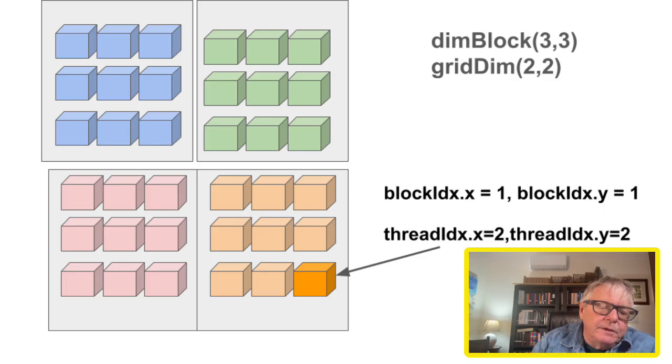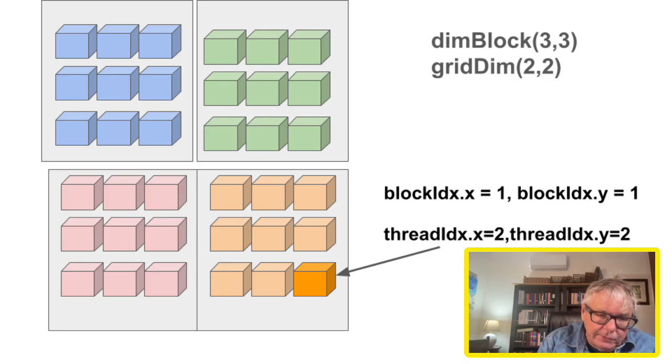The position is indicated in the same normal XY coordinate system that you're familiar with from math. So in this grid, for the bottom right hand block, the darker orange block, blockIdx.x is 1, meaning the X coordinate in the set of blocks is 1.